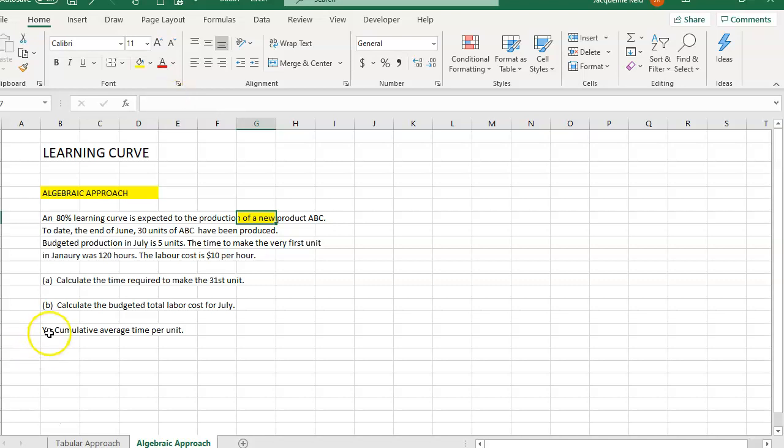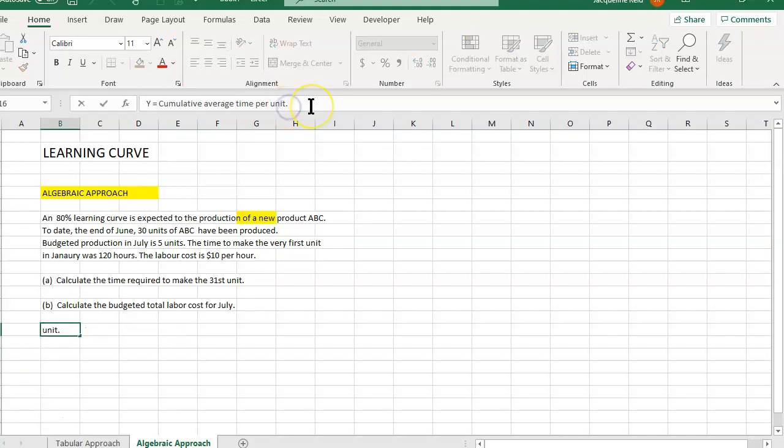Now, in your formula for y, it starts out with a value called a. And if you remember, a was the time given for the first unit to be made. So for this question, a is 120 hours.